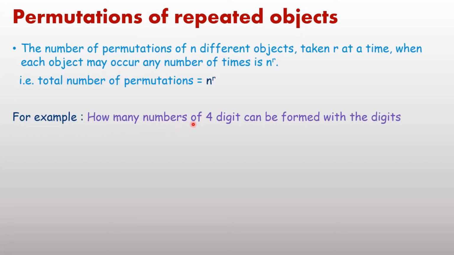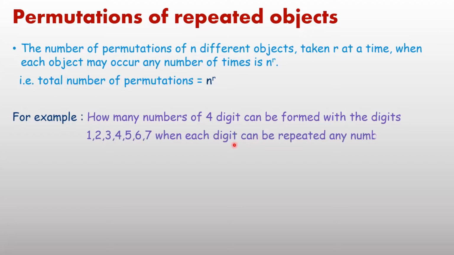How many 4-digit numbers can be formed with the help of digits 1, 2, 3, 4, 5, 6, 7 when each digit can be repeated any number of times?